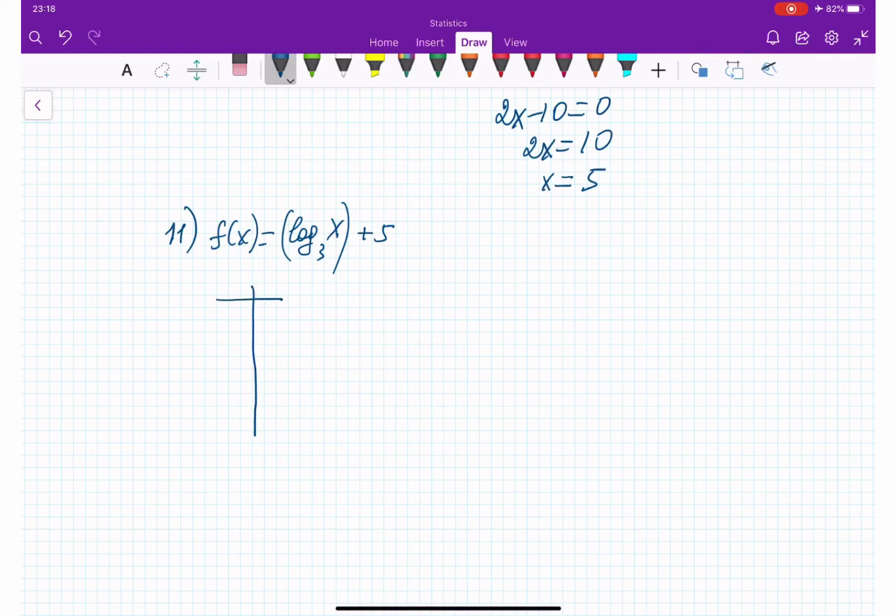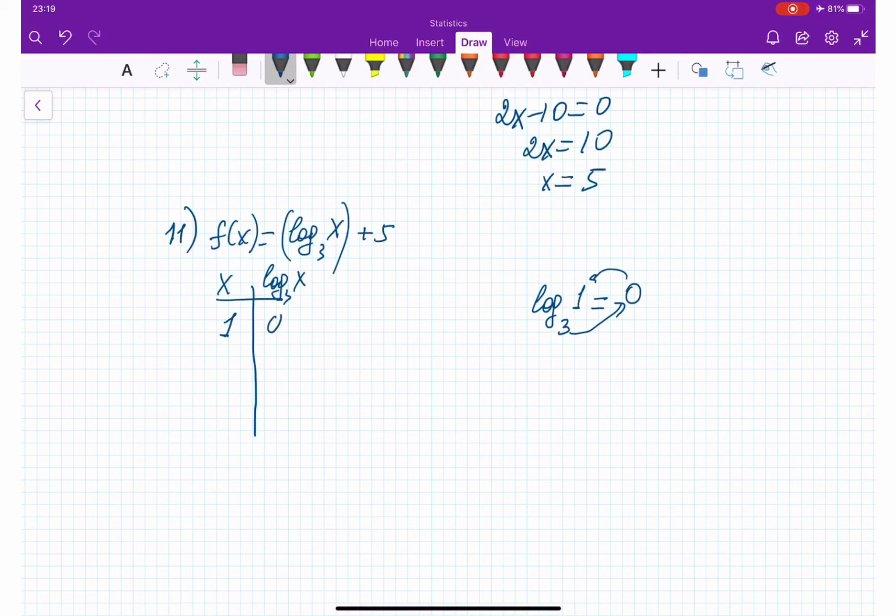Let's see. This is my x. Here I have log x by base 3. Let's say if my x is 1, then how much will be log x by base 3? Instead of x, I'm plugging in 1. Here is 3, right? So 3 to what power will give me 1? 0, right?